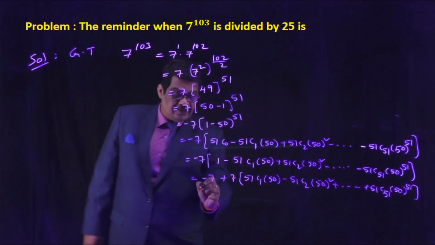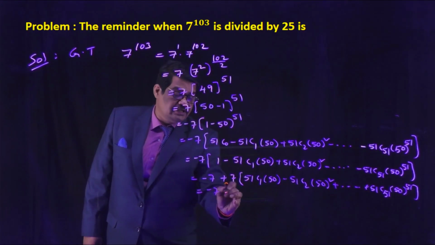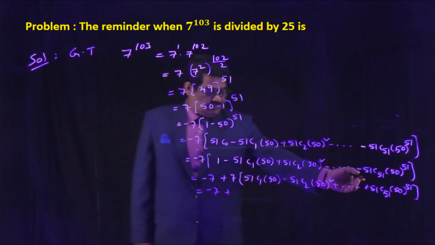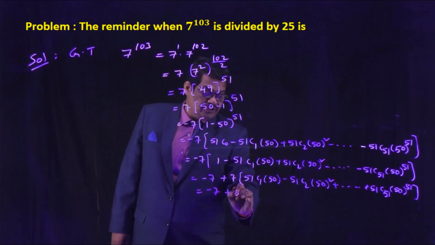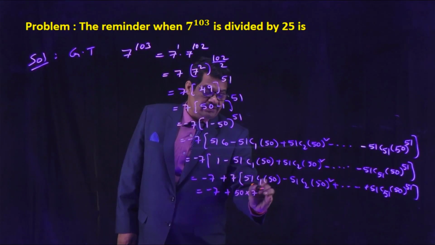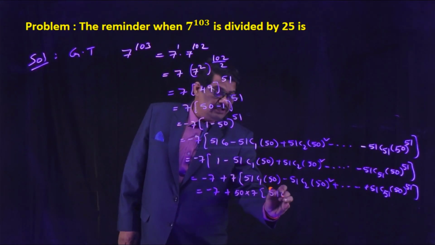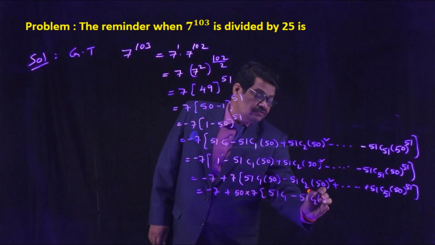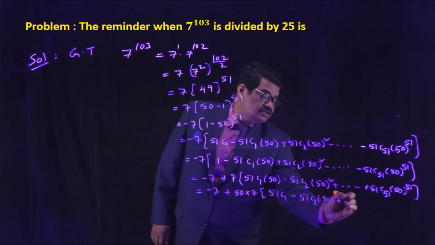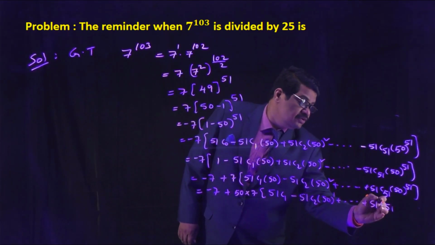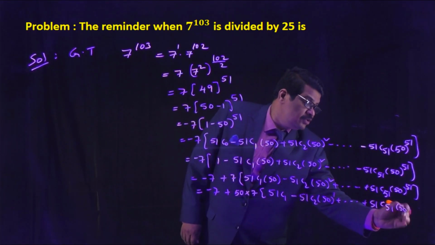Now we are writing this as minus 7 plus, in each term 50 is common. So that is 51C1, here 50 is common, 51C2 50 to the power of 1 plus and so on, here 51C51 50 to the power of 50.